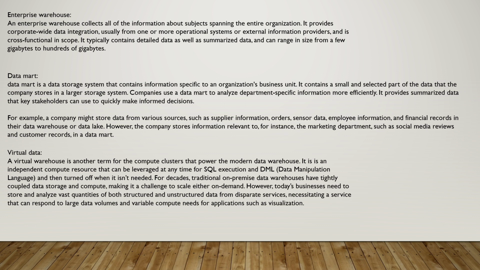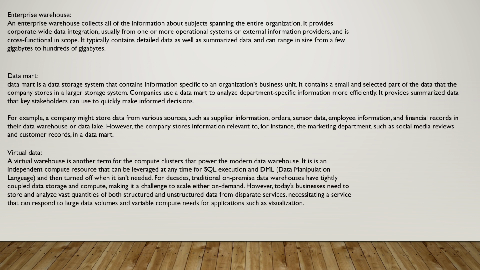Then it is turned off whenever it is not needed, so there is a saving of power as well as some storage. It is an important model for running SQL and DML.